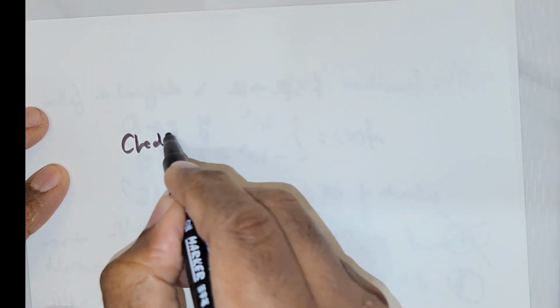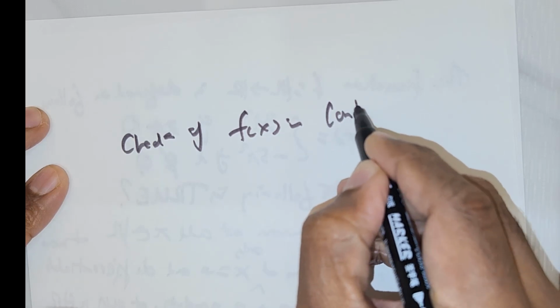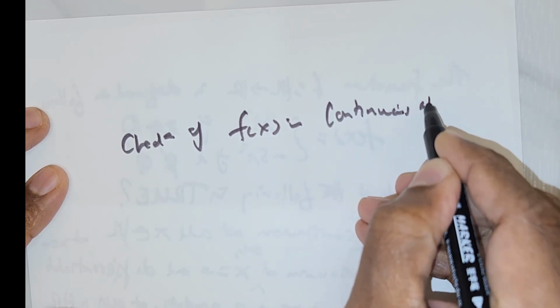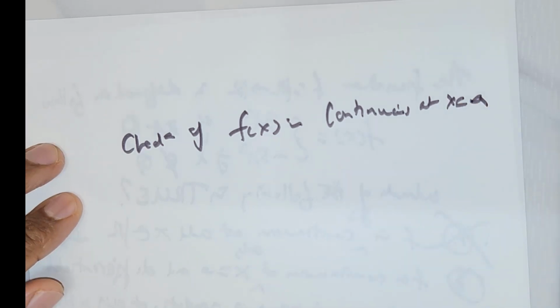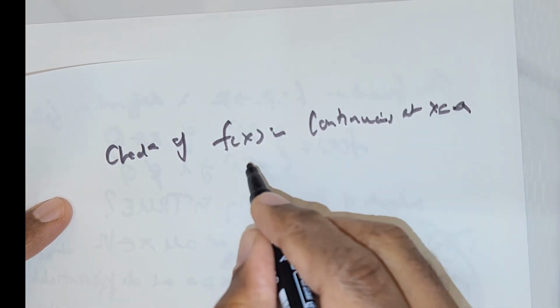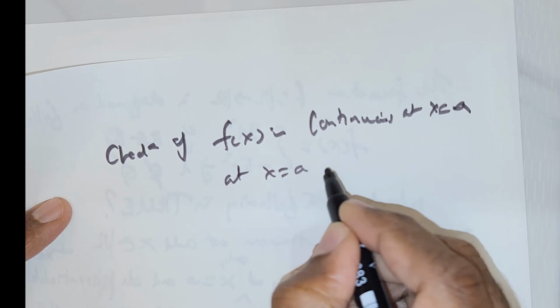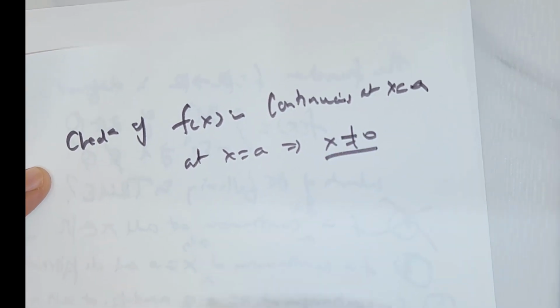Check if f of x is continuous at x equal to a. X equal to a means it is a non-zero value, that is, x is not equal to 0.